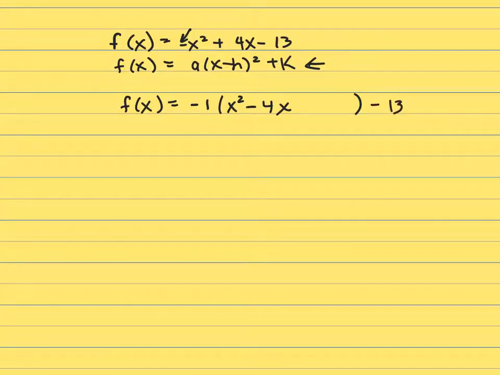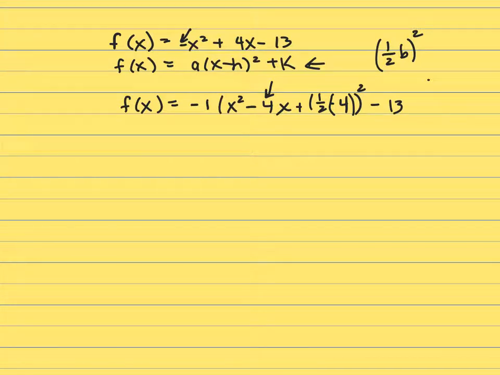So now let's complete the square. And to complete the square, the formula is 1/2 times your b quantity squared. So you're going to add 1/2 times b, and your b is a -4. 1/2 times b quantity squared.